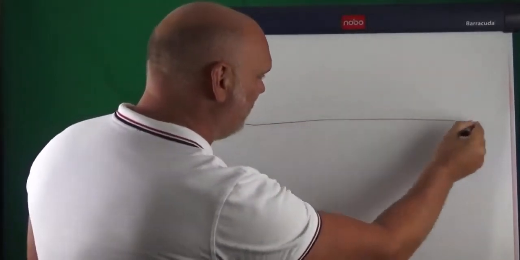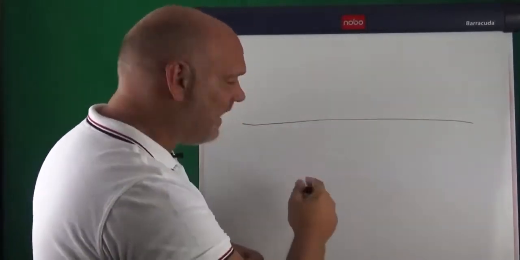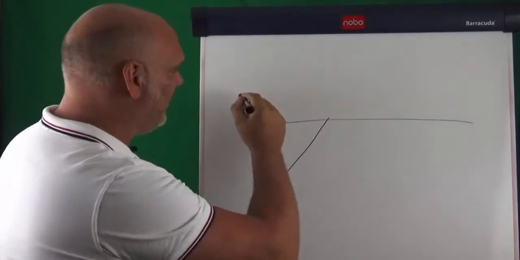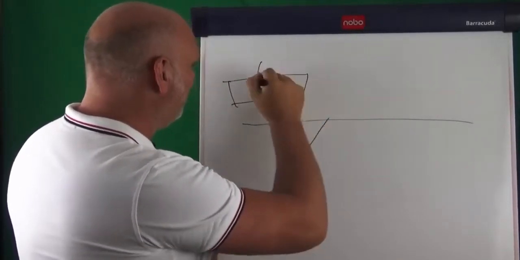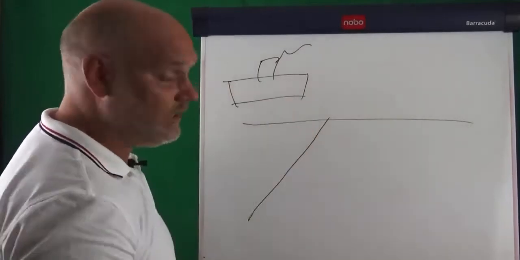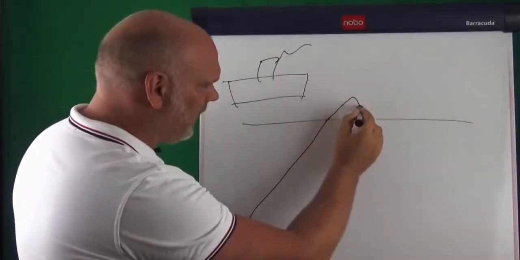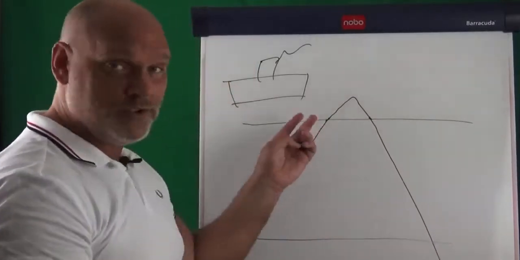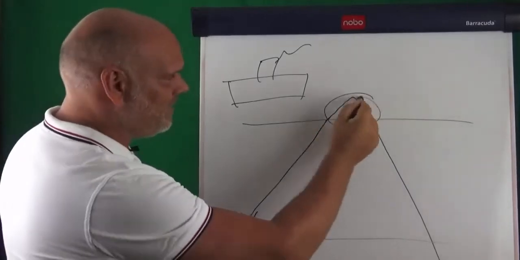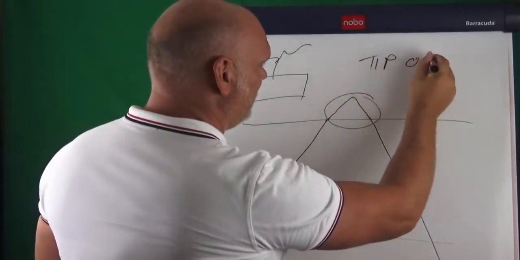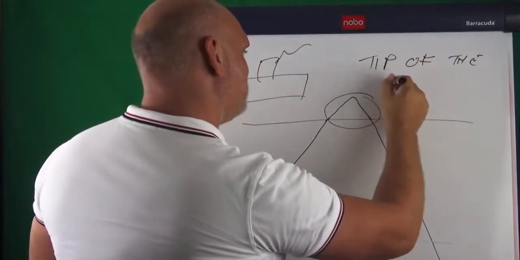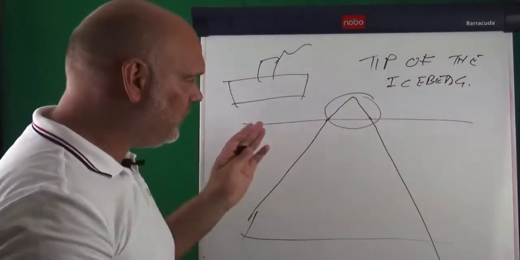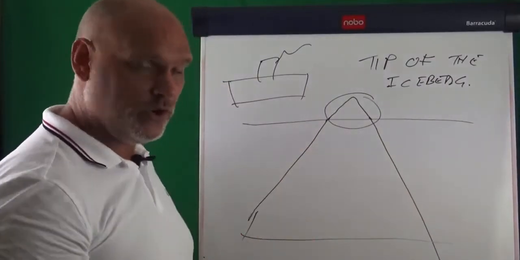So you've got some sea there in the Antarctic, and you've got this huge structure below the surface. But the ship that's sailing along, forgive my drawing of a ship, actually only sees a little amount of that enormous superstructure below the surface. They only see the tip, literally, of the iceberg, and they don't fully understand the gravity of what's going on underneath them.